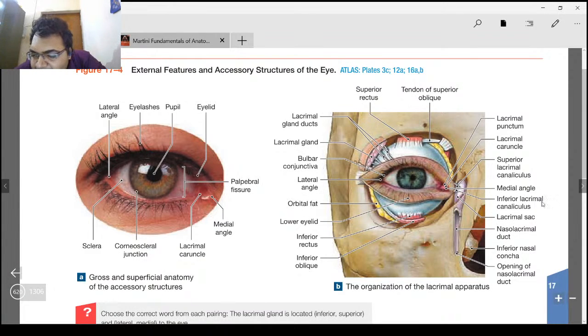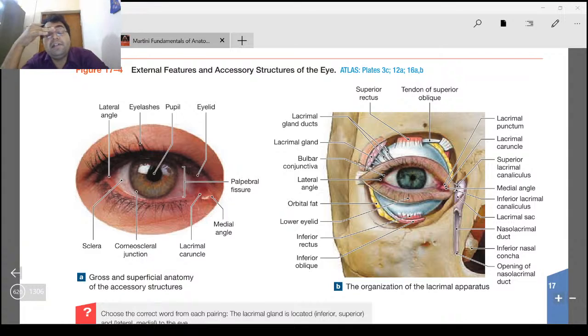You can see here that you have the lateral angle, orbital fat, and multiple muscles, like orbicularis oculi and levator palpebrae superioris, but no need to remember the names. Just think of these as the muscles which are just beneath the skin of the eye.